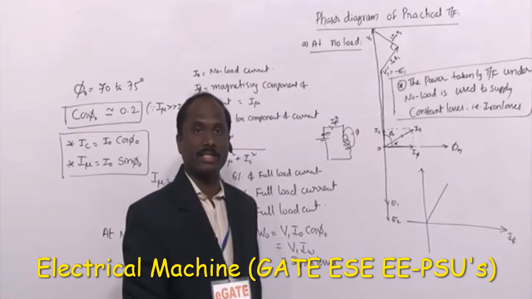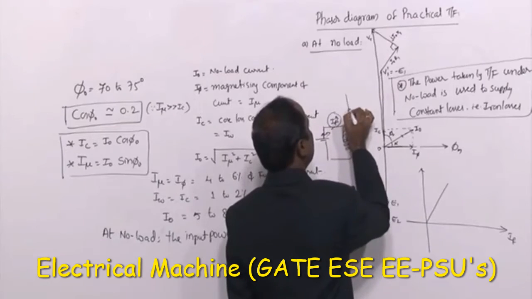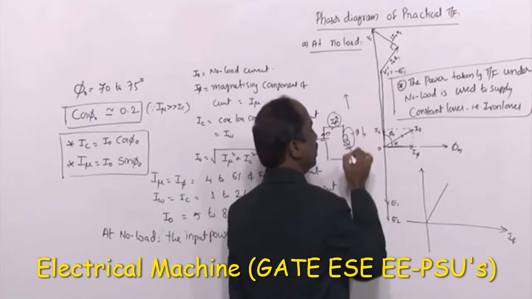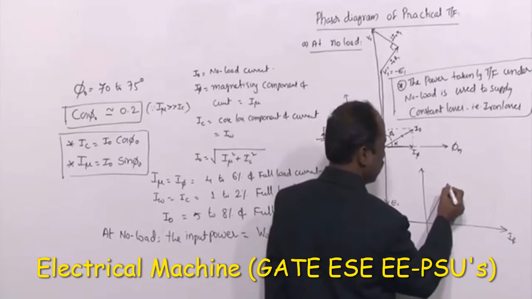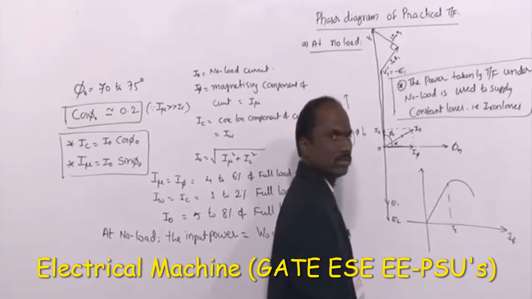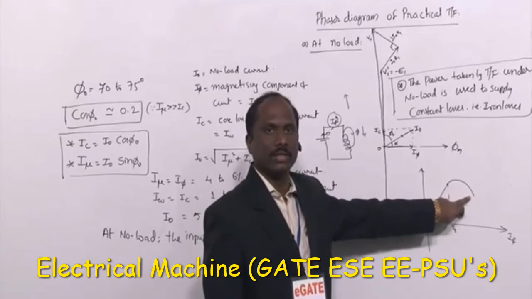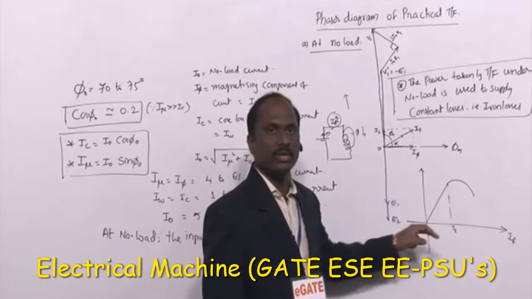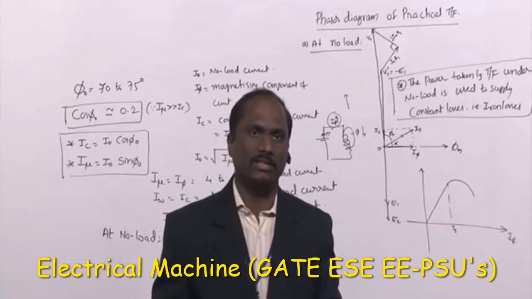But because of magnetic saturation, after reaching a certain value of IF, even though IF is increasing, the flux will not increase. This is the linear characteristic, and beyond a certain value of the field current the curve bends like this. This is called saturation. So wherever the flux increases with respect to the field current, that is called a linear characteristic.